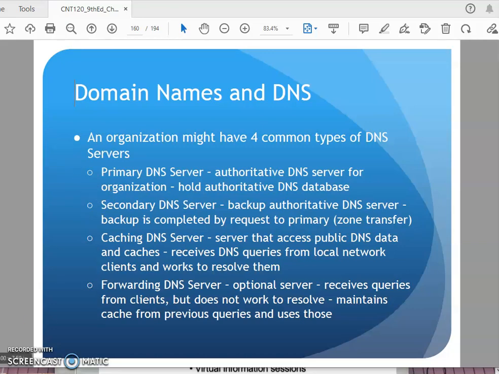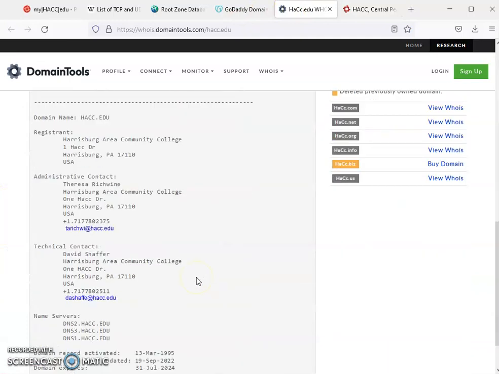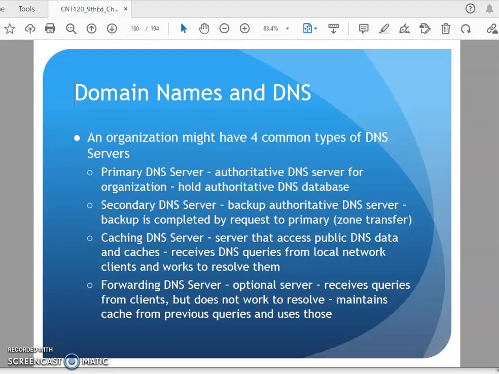So if I look at, as you'll see here at Hack, there's a number of name servers out there. The details are not there, but you at least recognize that there's a couple of DNS servers there for anybody trying to connect to and get information from.